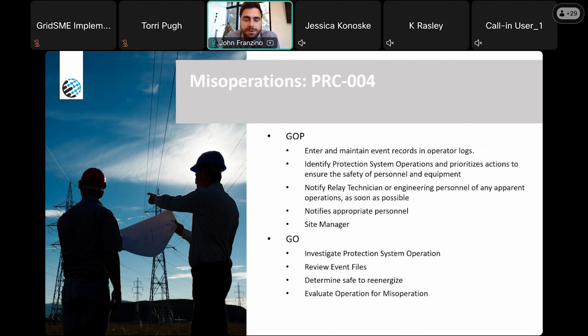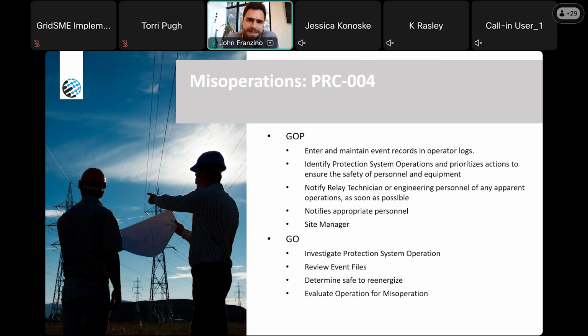So typically, the GOP is going to be the first to identify that a protection system element operated. And they're going to have hopefully some supporting details around that event and operator logs and data that they're gathering from the facility.